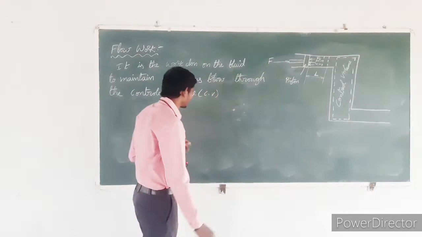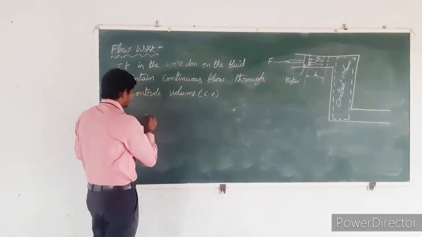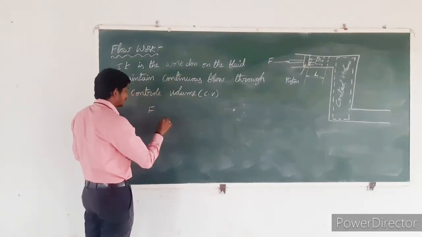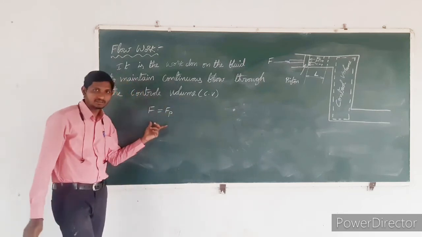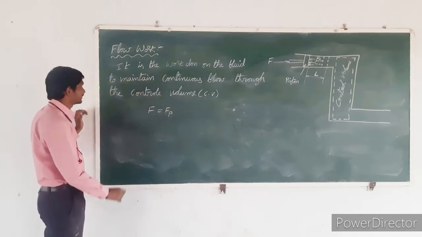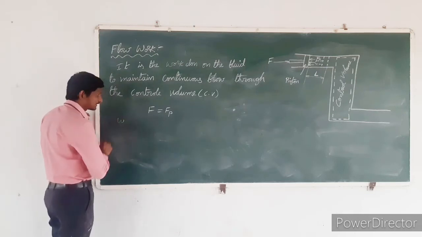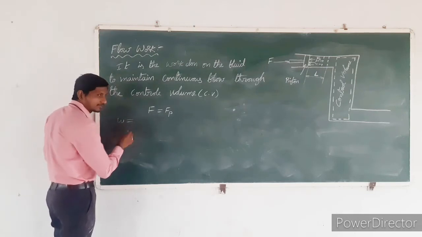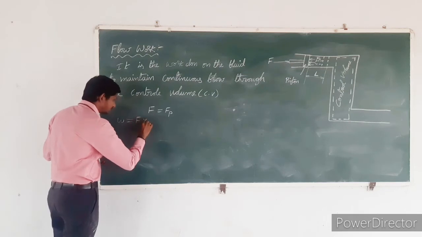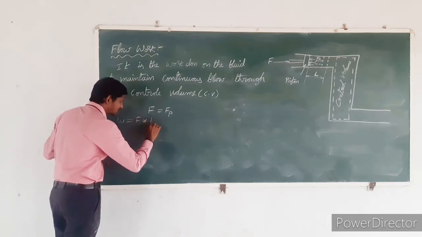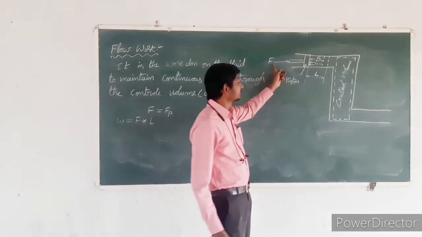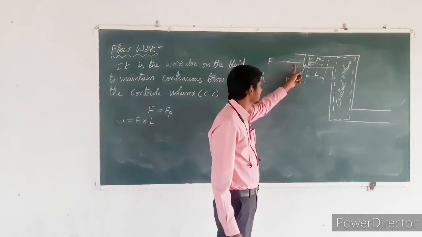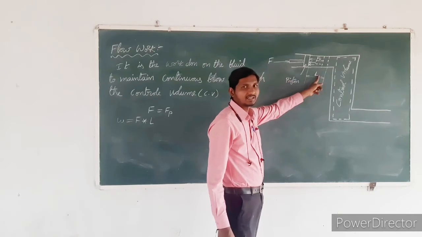According to Newton's third law, every force has an equal and opposite force. So F is equal to Fp. Already according to engineering mechanics, work is nothing but the product of force into displacement. Here F is the force applied on the piston, L is the displacement of the piston.